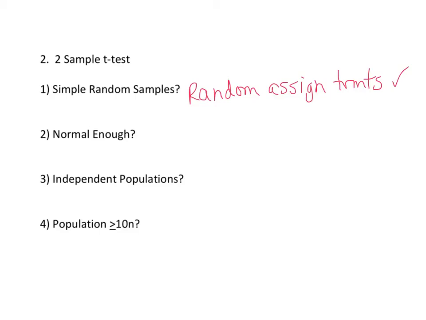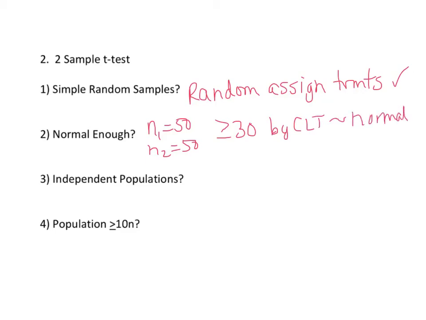For normality, again, being normal enough to use the t-distributions, in both cases n1 is equal to 50 and n2 is equal to 50. We don't have anything that we can graph. We have no information about the normality of these, but we do know that they are both greater than or equal to 30. So by the central limit theorem, we can say that these are going to be approximately normal. So once again, a check on that condition.